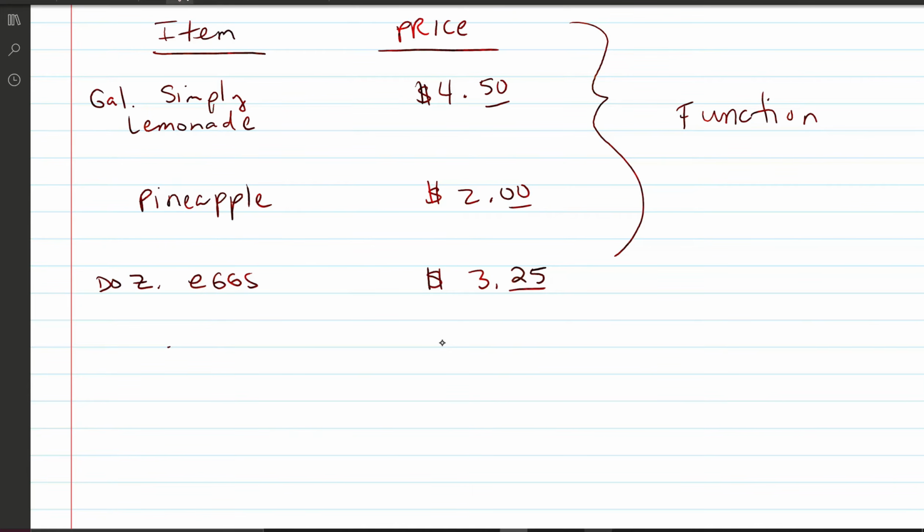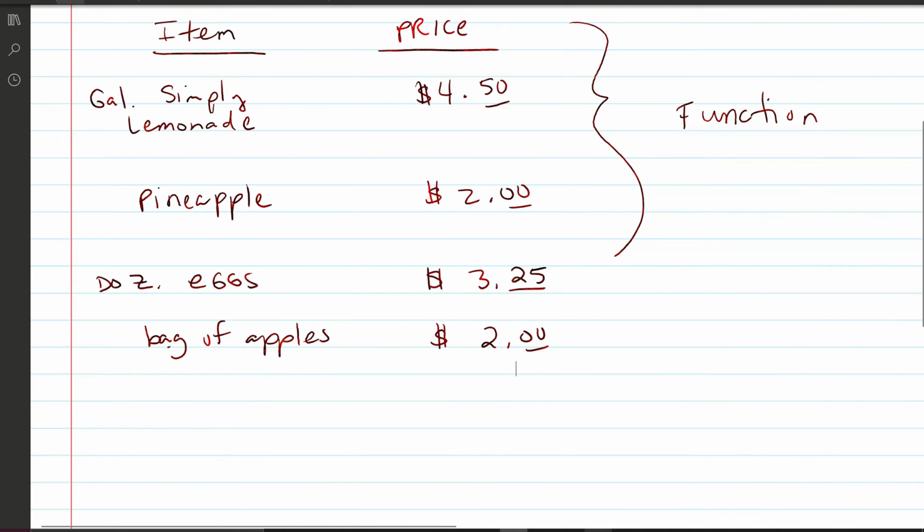And looking at what else could happen. Let's see. Maybe we get a bag of apples. We input that into the register scanner, and then the output is $2. Now that could very well happen.